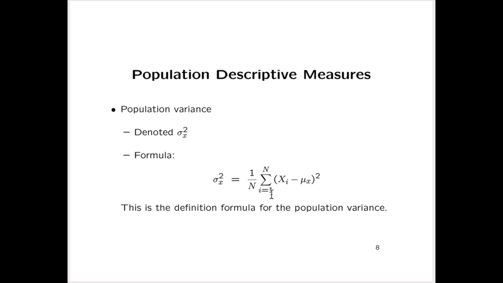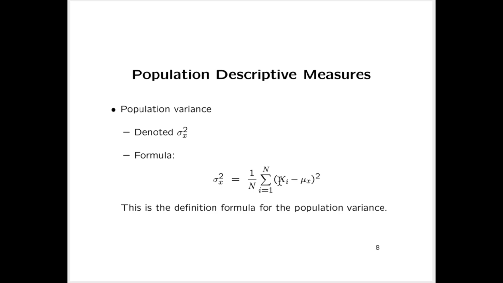Let me just read off the formula here. It's the summation, so again we're utilizing this summation notation. What are we summing up? We're summing up squared terms. Each term that is squared is the difference between x sub i, the ith x value, and the population mean.